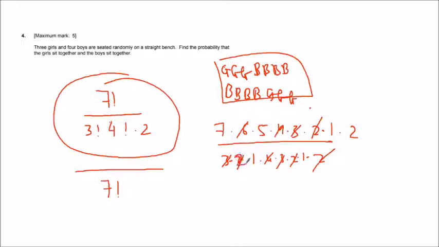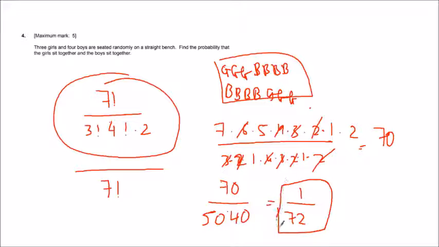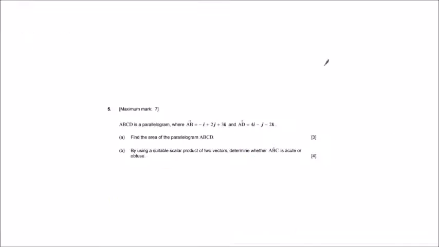Supposed to put the 2 on the top. 7 factorial times 2 over 3 factorial 4 factorial, which will give you 70, and 70 divided by 5,040, the value of 7 factorial, is 1 over 52. I think. No, not 1 over 52, 1 over 72. And that's your answer. It should be. 1 over 72 is the answer for this question.